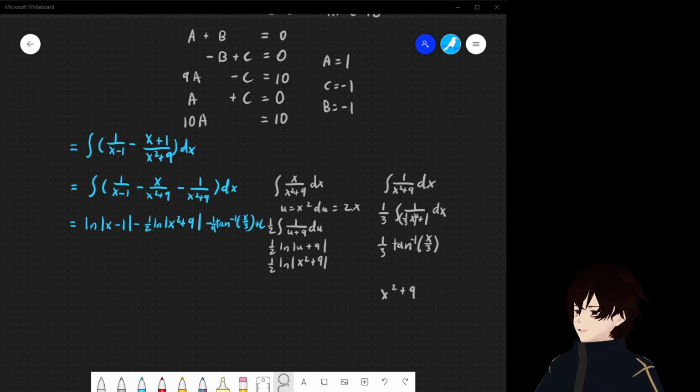I suddenly forgot what I'm doing. Gone. Integral 1 over x squared plus 9. I just suddenly forgot whatever I was doing.